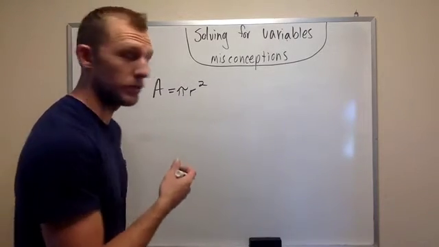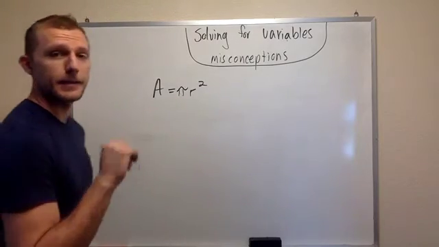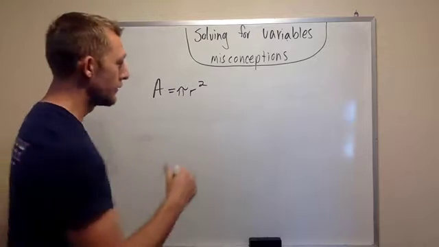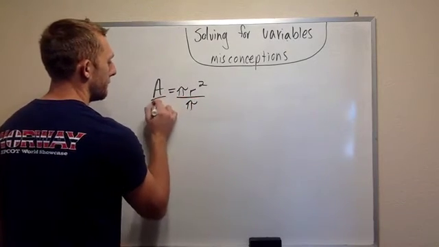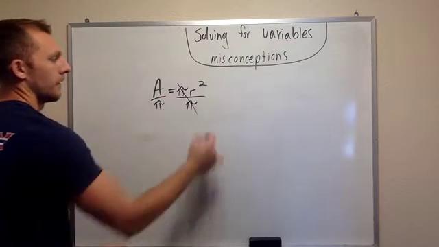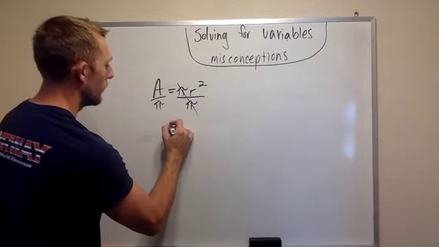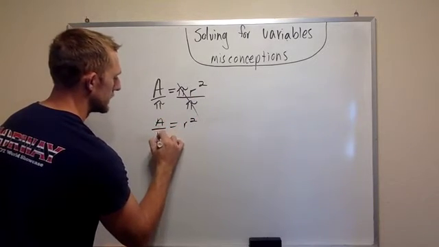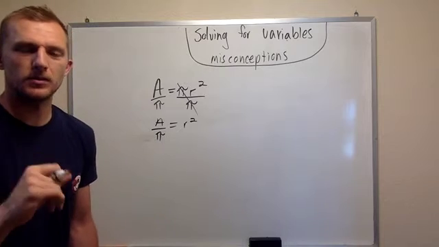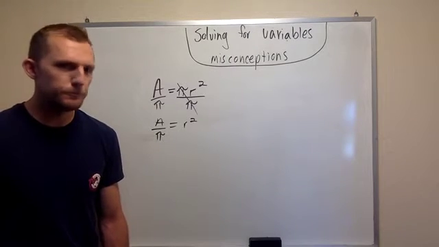Well, what we could do is first thing we have got to get it on its own, right? Right now, this pi is sticking to it and we need it out. So let's go ahead and we're going to divide by pi. Great, golden. Okay, now we have r squared dropping down. Is r on its own? Nope.